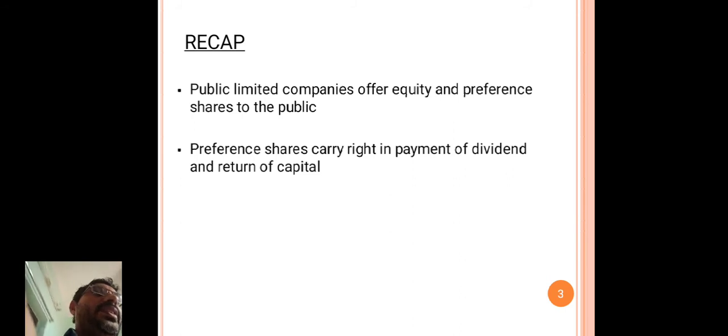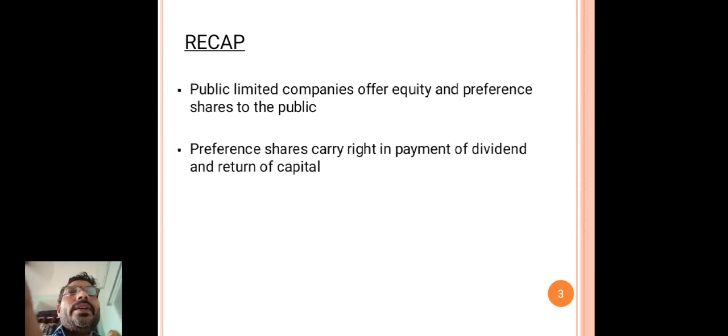And equity shares. The equity shares are the general shares or ordinary shares issued to the common public, the people who are interested to invest money in a joint stock company. They can invest by purchasing an equity or a preference share depending upon their interest or requirement.